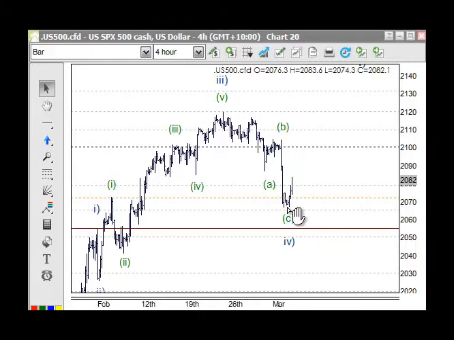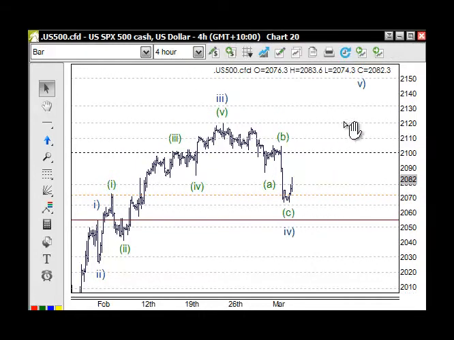It does appear that we've got an impulse wave up through to here. So it is possible too that the wave 4 that we were looking for is completed in terms of an A and a B and a C here, but we'll need more price action to really understand that. But that could certainly be done as a little 4th wave here and a 5th wave to the upside here.